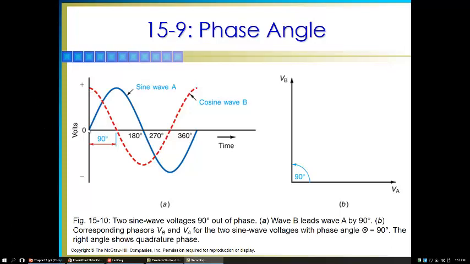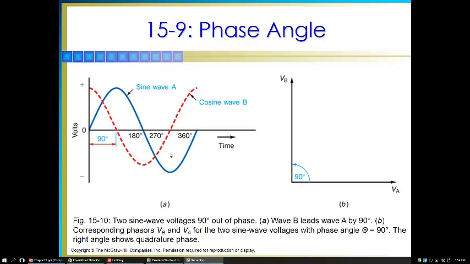So when the blue one, wave A, is at zero, wave B is already at its maximum value, right? And then they just keep going, and when B is at its zero value, then A is at its maximum value. Then when B goes to the maximum negative value, A is at its zero value, and so on.